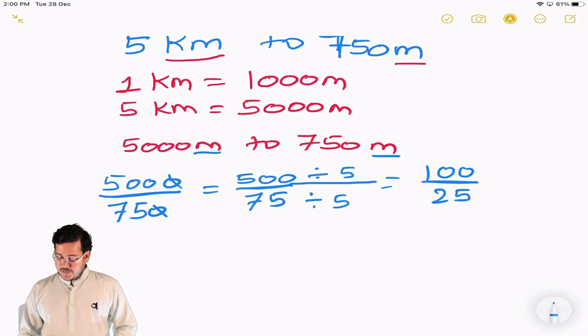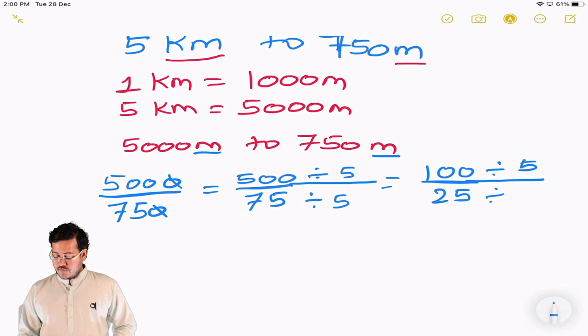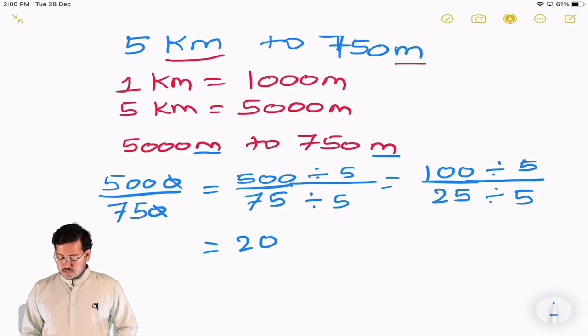Now, as 100 and 15 can be further divisible, as you can see the ones place number is 0 and 5. As per the divisibility rule, a number ending with 0 or 5 is always divisible by 5. So again I will divide by 5. 100 divided by 5 is 20, and 15 divided by 5 is 3.